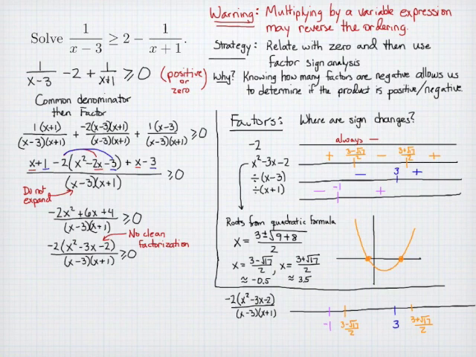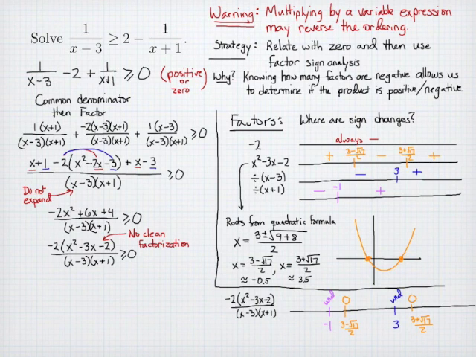Our two factors from the quadratic, because they're in the numerator, I actually get 0. But at x equals minus 1, I would be dividing by 0, and so the point at negative 1 for our entire expression is undefined. Similarly, I'm undefined at x equals 3, because you can't divide by 0.